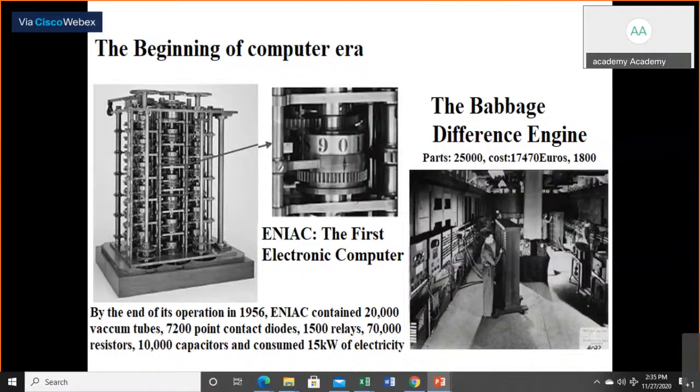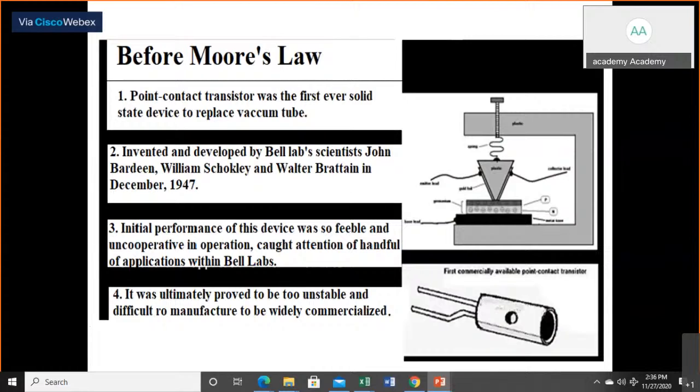Based on FinFET technologies we are using these processors. But these are some glimpses I'm going to show from the starting of the computer era.